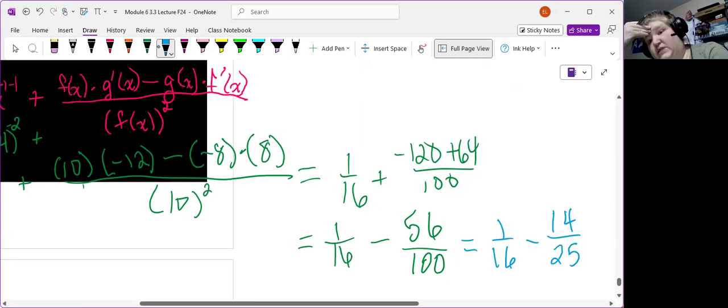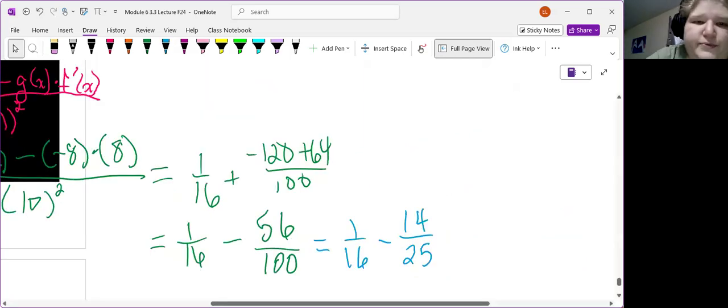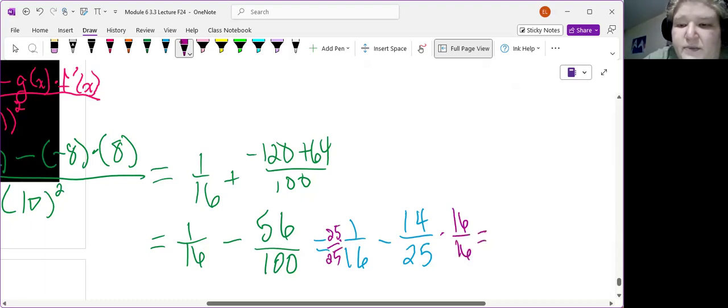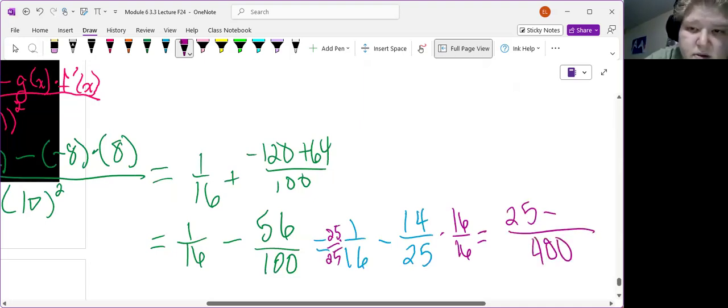Common denominator between 1/16 and 14/25 is whatever 16 times 25 is. So that is 4 times 25 times 4. So 100 times 4, 400. So this one will be times 25 over 25. This one will be times 16 over 16. So 25 minus 224.